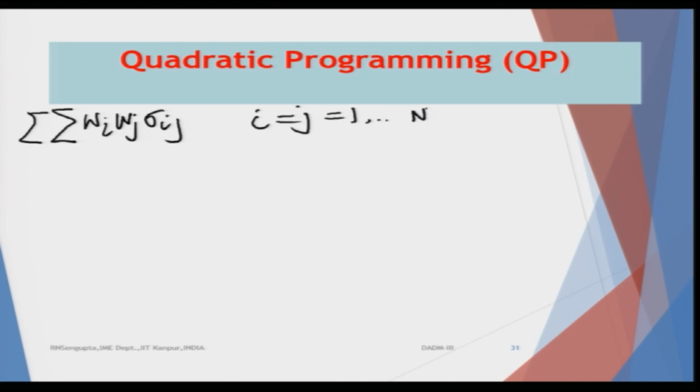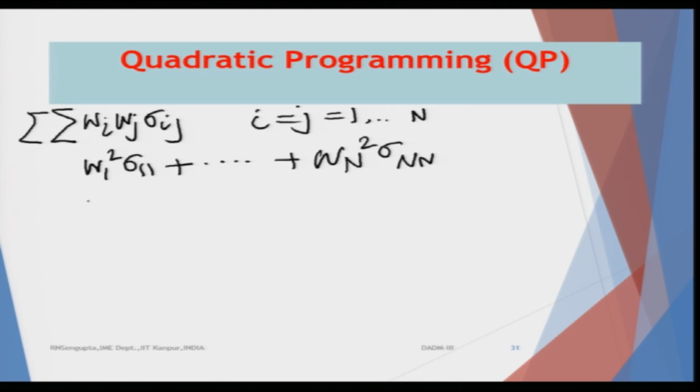If i is equal to 1 and j is equal to 1, i is equal to 2, j is equal to 2, you will basically have the whole principal diagonal. So, those values I am going to write for our understanding. W1 squared sigma 1 1, till the last in that principal diagonal, Wn squared sigma n n, and the off-diagonal elements are mirror images, they are the same.